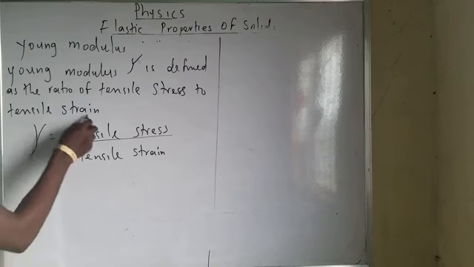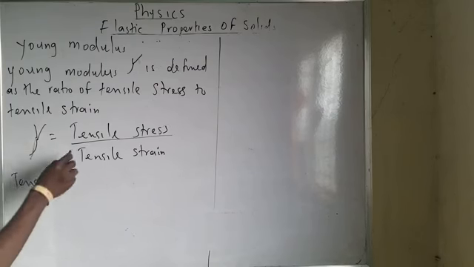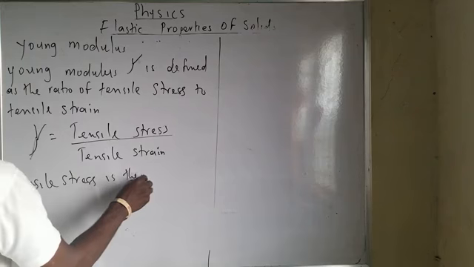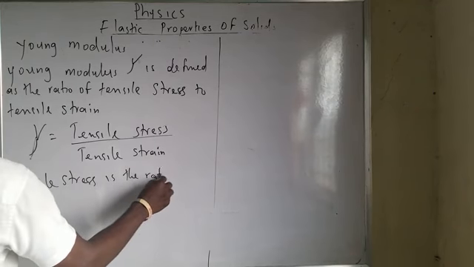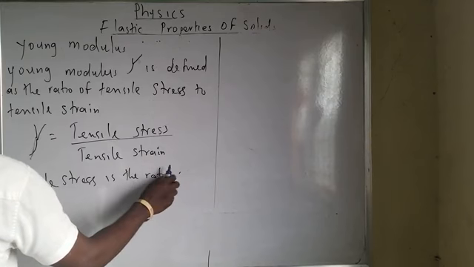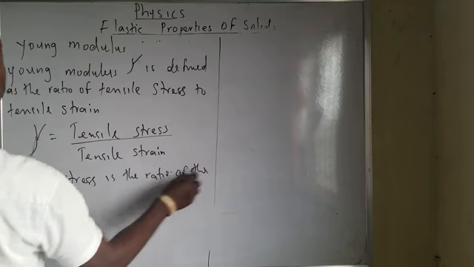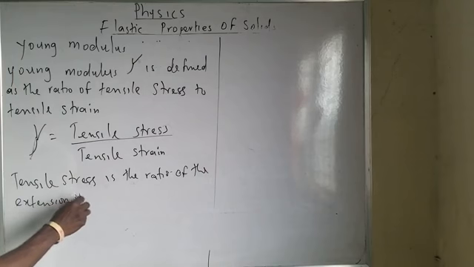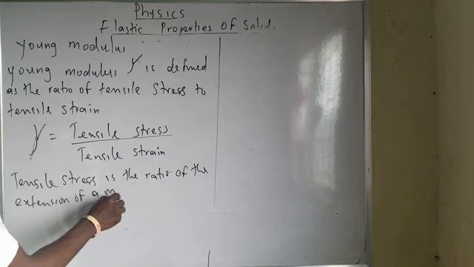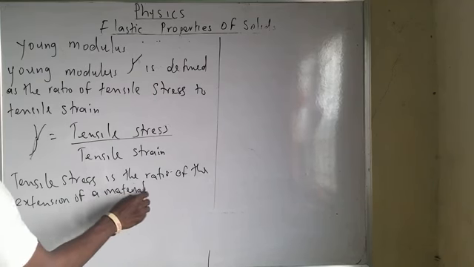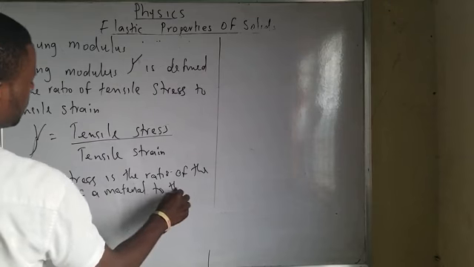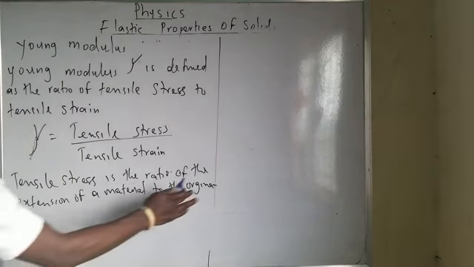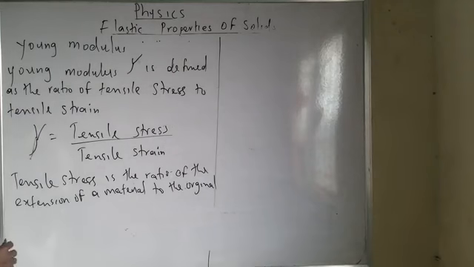Now, let me define this one by one. We have strain, which is the ratio of the extension of a material to the original length.